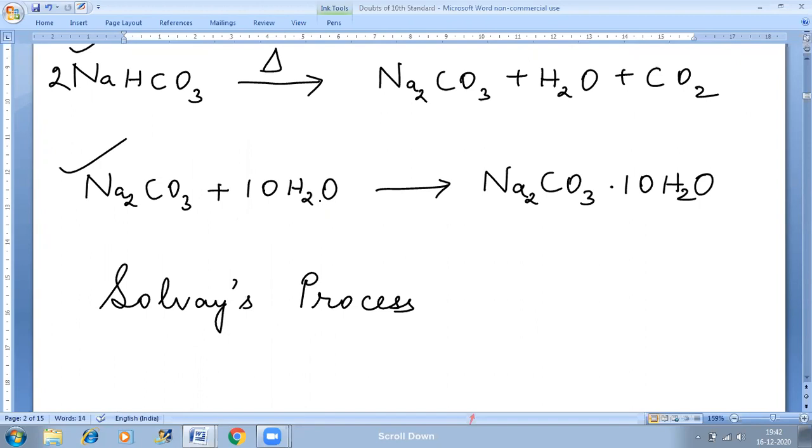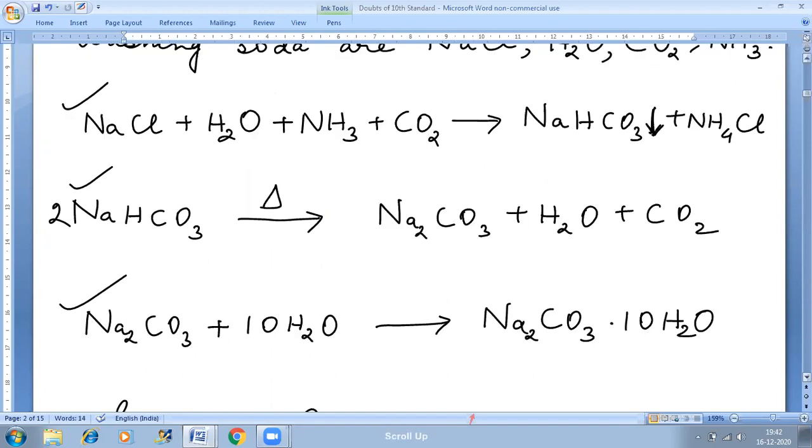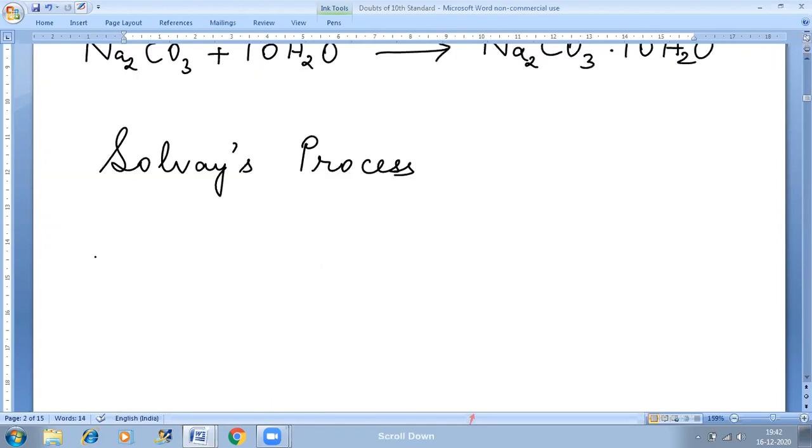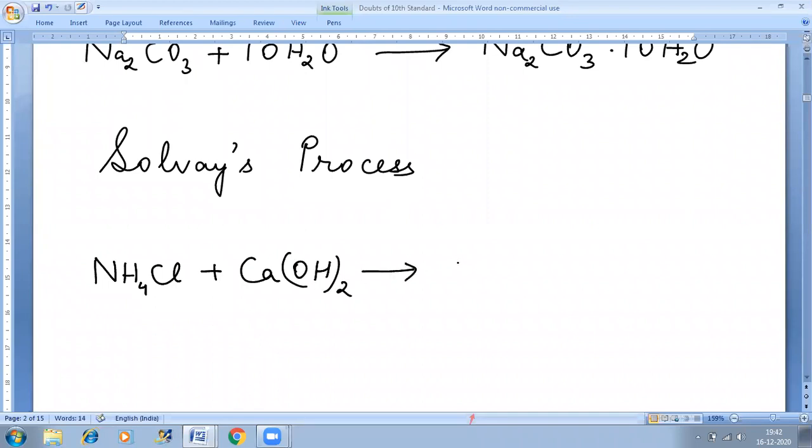Now, this component which you had is also utilized. How is that utilized? This is taken and reacted with calcium hydroxide. If I do that, I get these as my products.